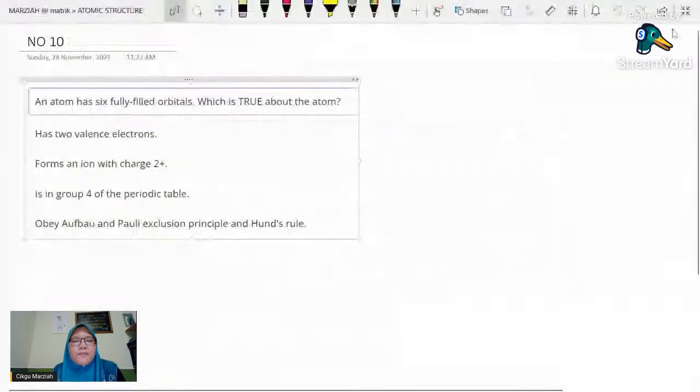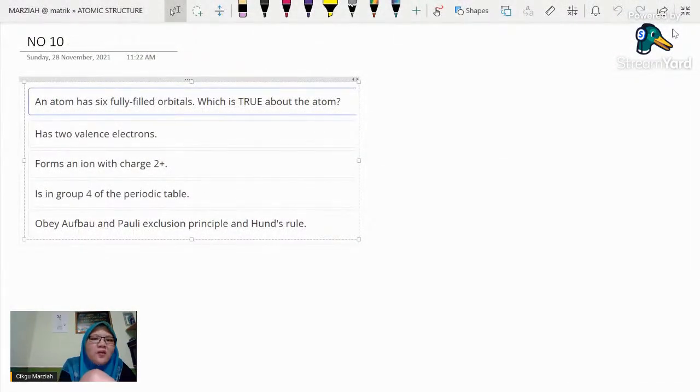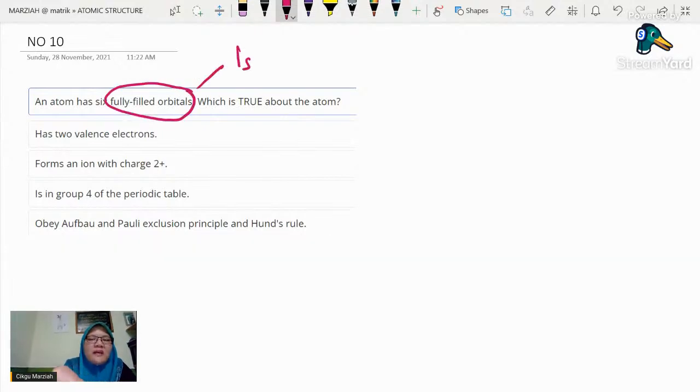Okay. An atom X has 6 fully filled orbital. Orbital ni yang mana? Orbital 1s, 2s, 2p. Okay, dia ada 6. Okay, so dia ada 1s adalah orbital yang pertama, penuh. 2s, orbital yang kedua, penuh 2.